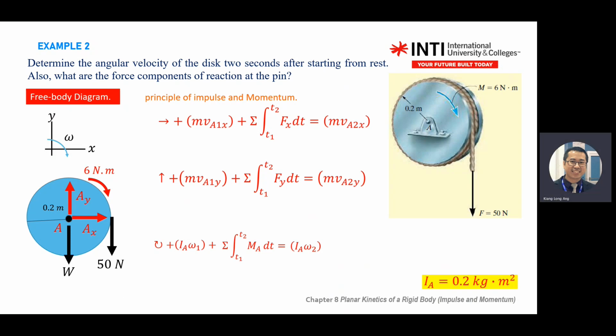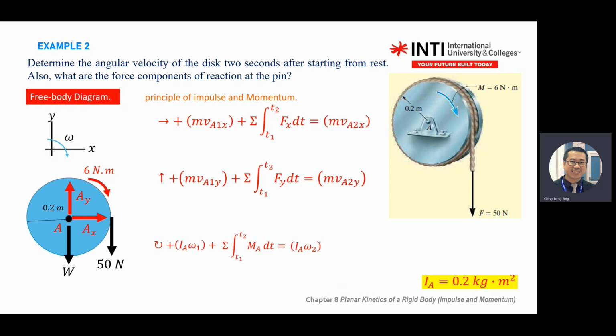You just write out the principle of impulse and momentum: mv before plus impulse, force multiplied by time, equals mv after. This one you have in x and y direction.